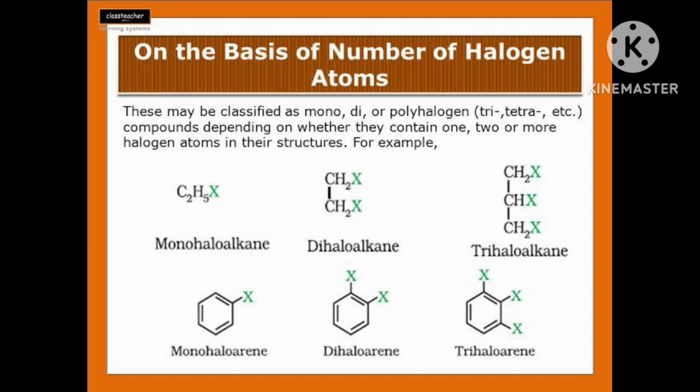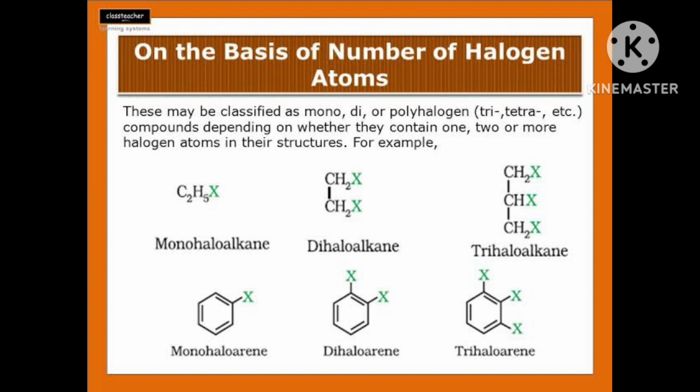One hydrogen gone out, and in its place one X came, meaning one hydrogen substituted with one X. X means halogen and may be chloride, bromide, fluoride or iodide. This is called monohaloalkane if only one X is there. Now dihaloalkane: two X are attached to ethane.